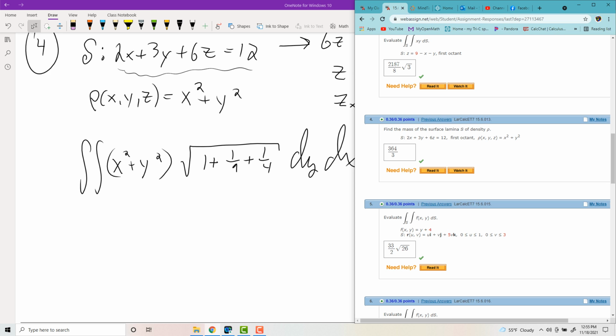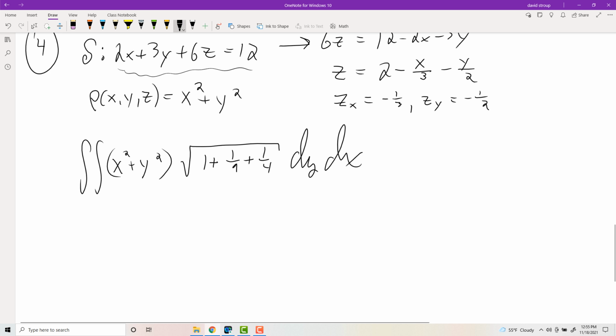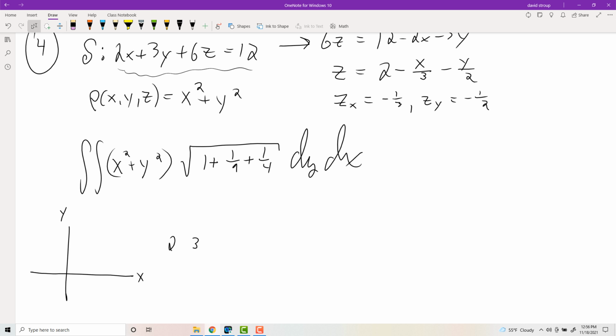Yeah, so they want the mass of the surface lamina S of density rho in the first octant. So you're thinking the projection into the xy plane. Let z be 0. So if z is 0, you'll get 2x plus 3y equals 12.